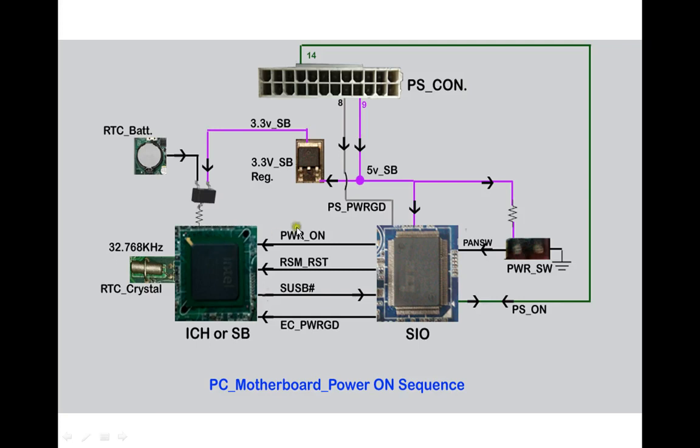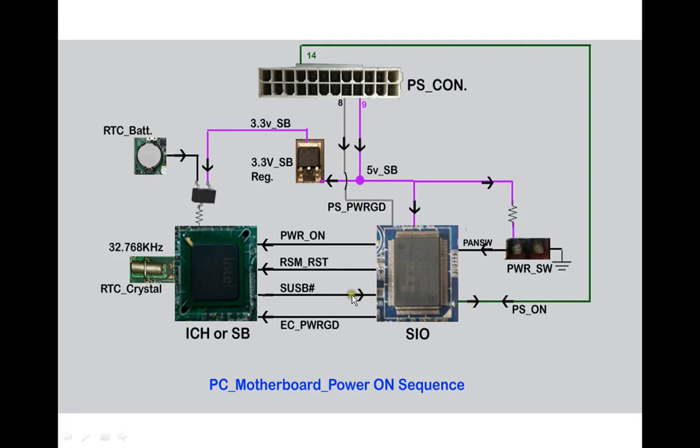The south bridge, on receiving these two signals, if it functions well, releases another signal called SUSB, also called SLP S3. This is also a 3.3 voltage signal. On receiving this SUSB signal, the SIO chip makes the voltage at this point 0 volts.